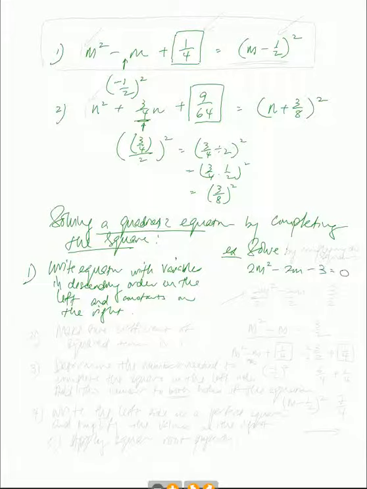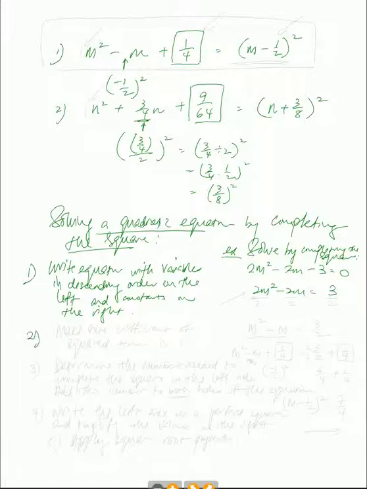Okay, let's try that. The first step says you need to rewrite the equation with variables in descending order on the left and constants on the right, which means that you have to leave 2m squared minus 2m alone and bring the 3 to the other side. So that's what step 1 is saying.